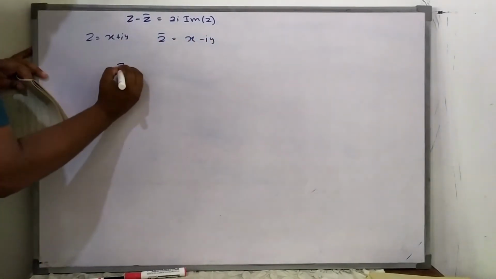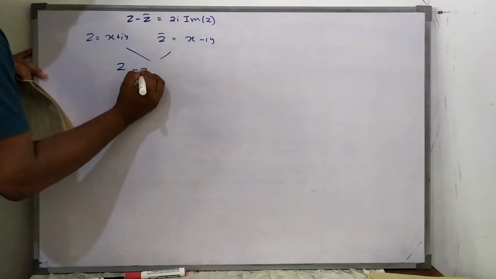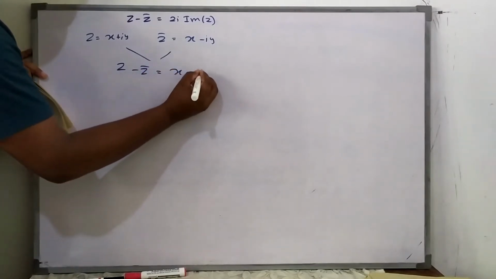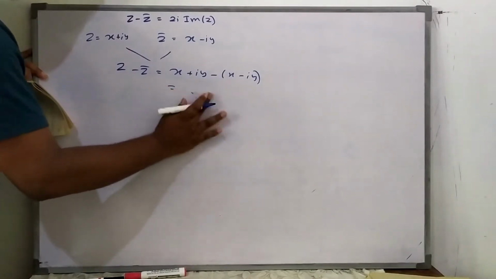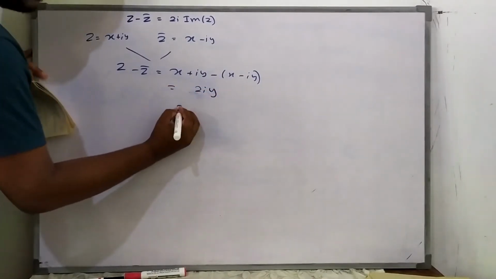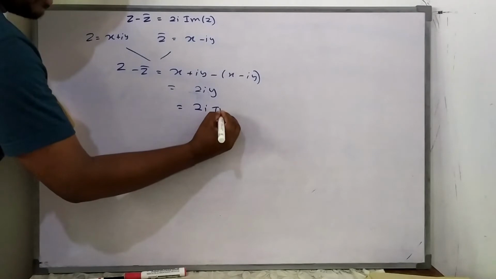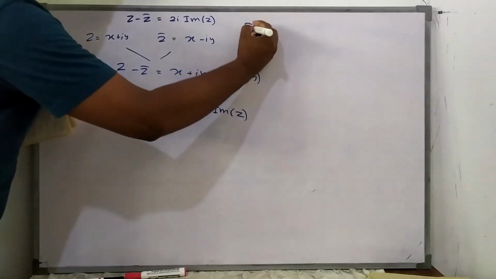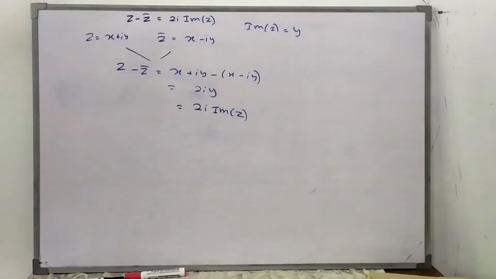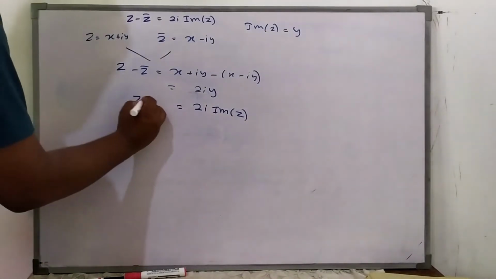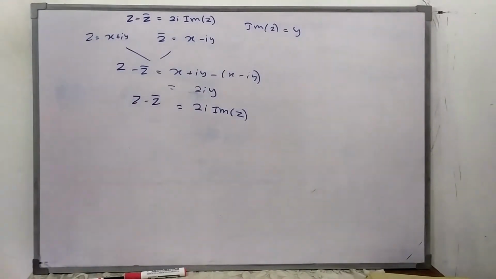If you subtract these two, z minus z bar will be x plus iy minus x minus iy, which is 2iy. 2iy means 2i imaginary z, because imaginary z means y. Imaginary z means y. So z minus z bar.